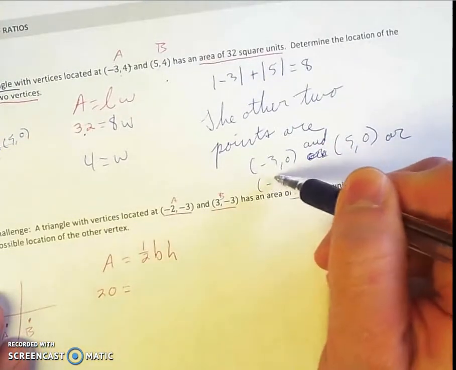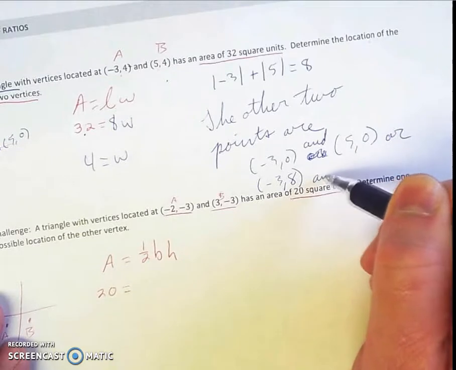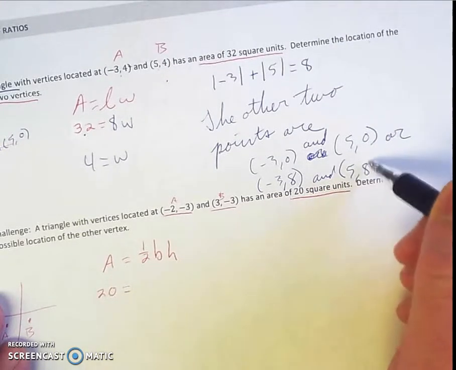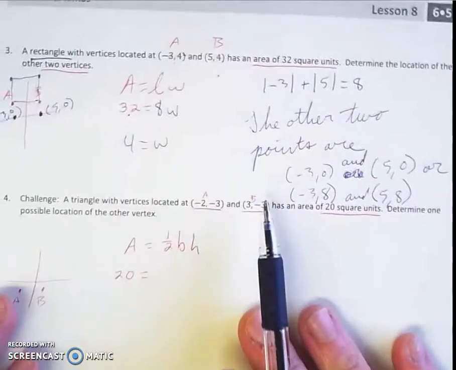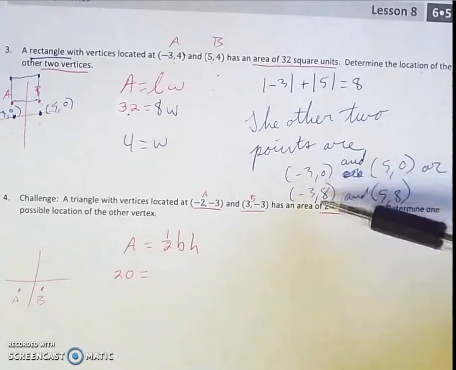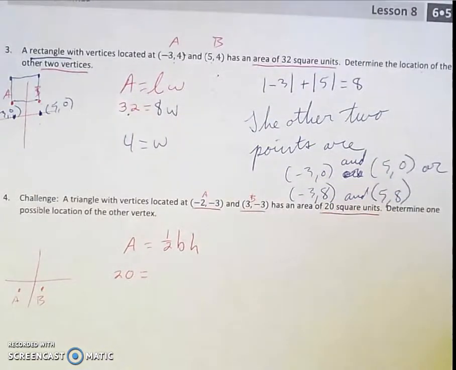So we could keep -3, but then it would be -3, 8, and 5, 8. So remembering that we need to either add 4 or subtract 4 from those y coordinates in order to get those two rectangles.